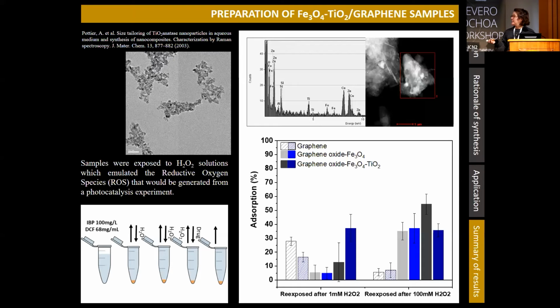What we've seen is that in the case of diclofenac, both in low amounts of peroxide or higher amounts of peroxide, the multimodal hybrid worked. And we can see that in this control that is only with the magnetite hybrid, it worked too, but only with the higher amount of peroxide.